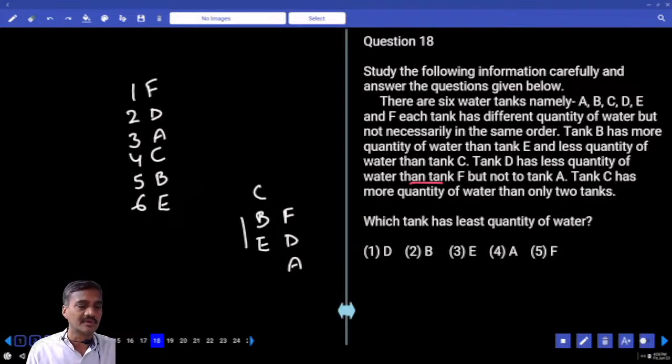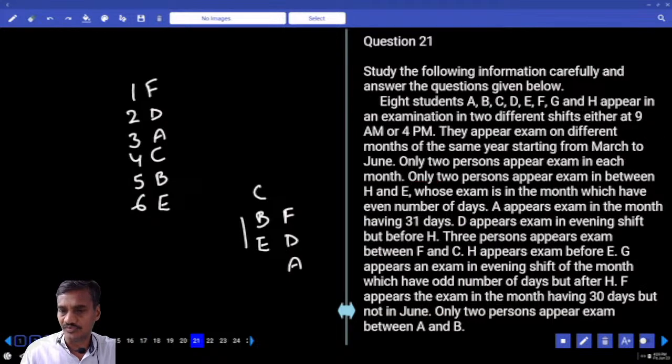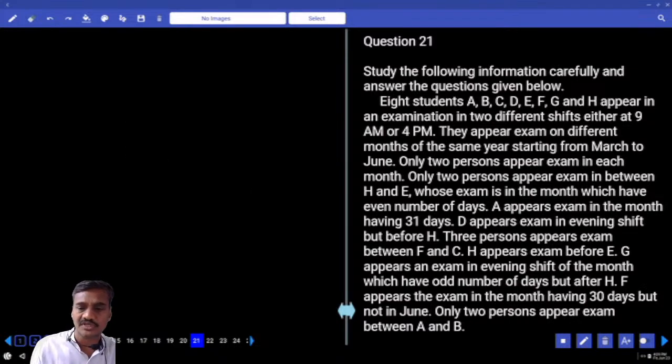Then next one. Next 21 to 24. Now in this 21 to 24, it is based on 8 persons who appear in an examination in 2 different shifts, either 9 a.m. or 4 p.m., and they appear for the exam in different months of the same year, starting from March and ending in June, isn't it? March to June. And in March, what are the different timings we have? Morning 9 a.m. or afternoon 4.